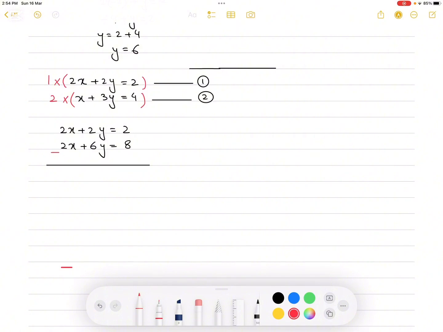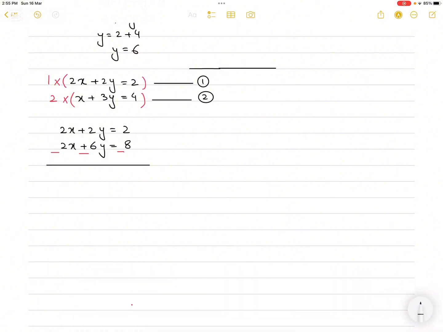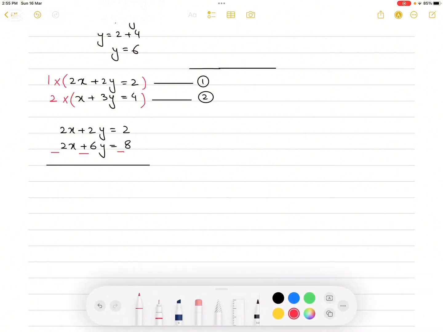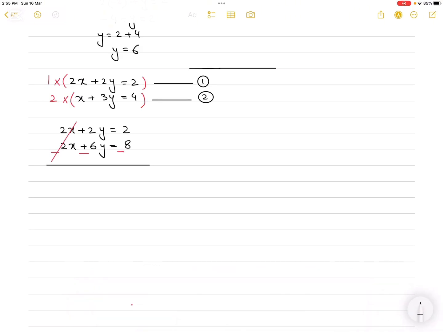Plus 6y, so minus 6y. Plus 8, so minus 8. So I have changed the signs. So plus 2x minus 2x will cancel each other, and 2 minus 6 is minus 4y equals 2 minus 8, which is minus 6.